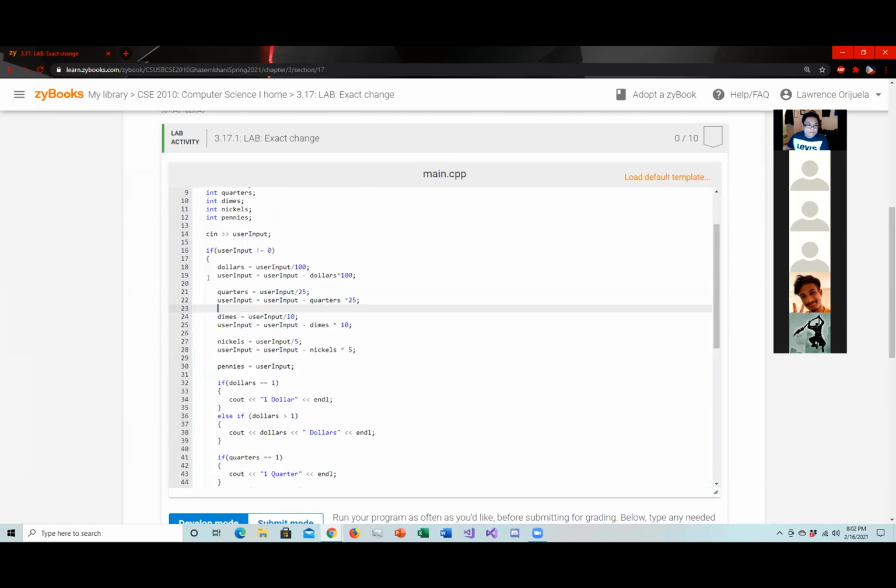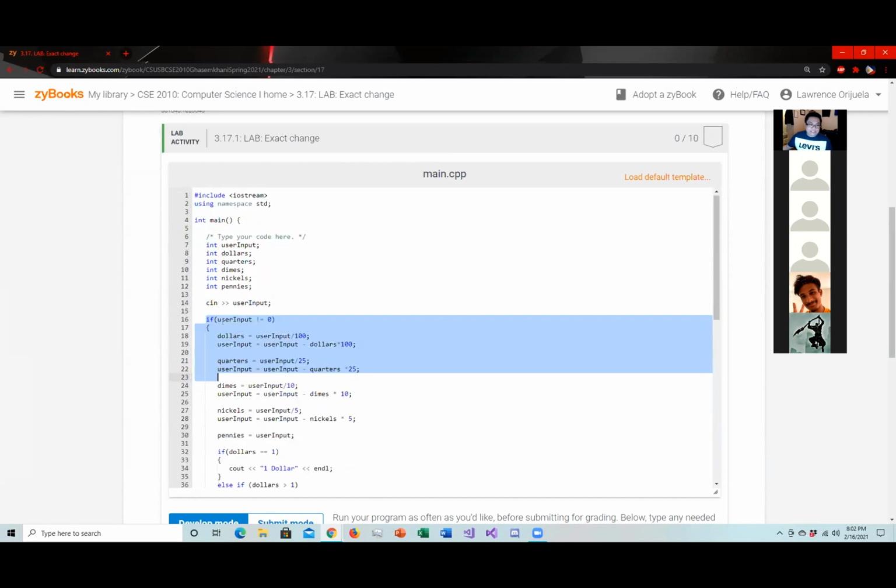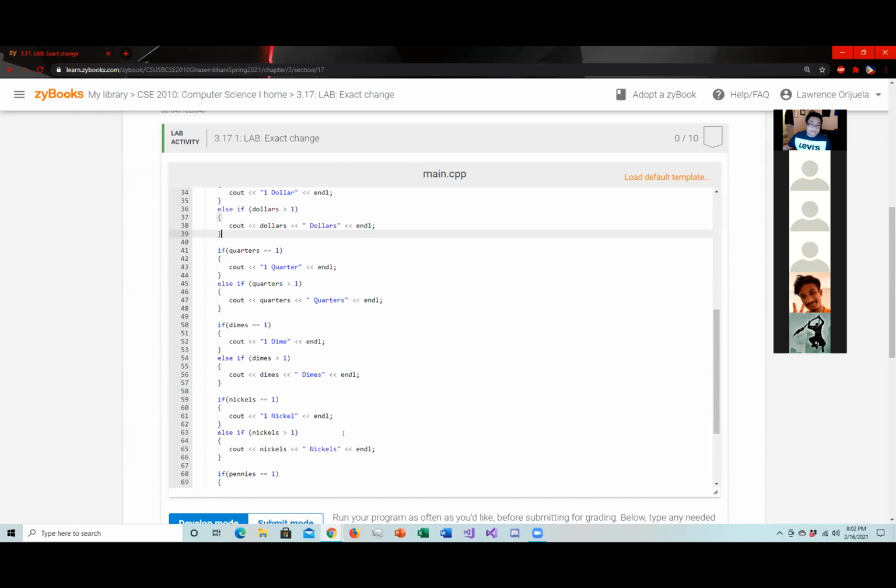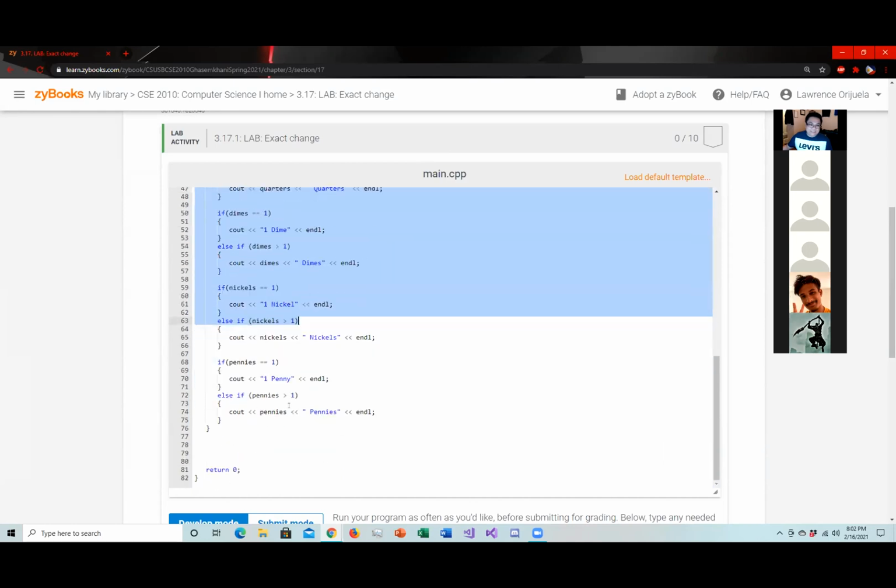There we go. So what we've done here is we've created a nested if statement. If this if is true, then it'll check these ifs, right?